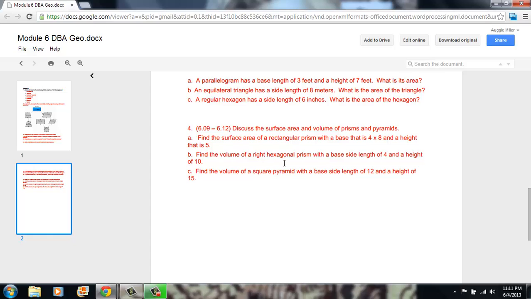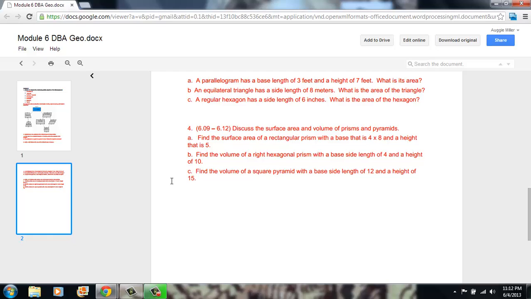And now the volume of a right hexagonal prism with a base side length of 4 and a height of 10. So we'll just find the area of the hexagon like we did before, dividing it up into 6 equilateral triangles. Chop one of those in half to find the area of one. So side length is 4. That'll give us a triangle with a hypotenuse of 4 and a base of 2. So 4 squared is 16 minus 2 squared, which is 4, makes 12.